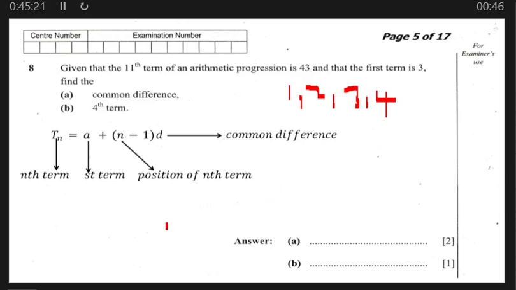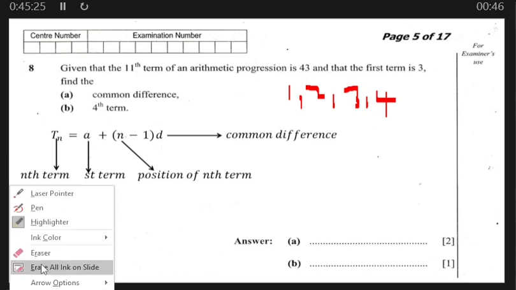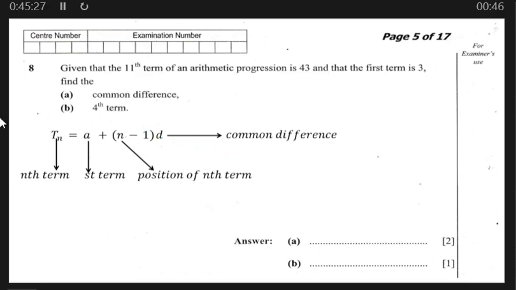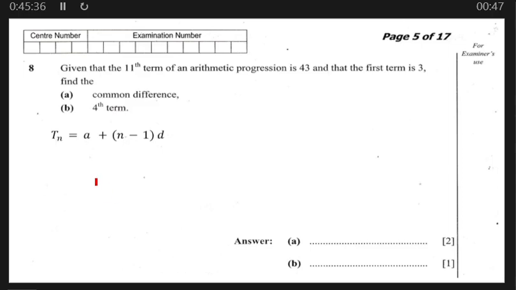All right, so now what we are going to do is use this formula to solve the common difference, which is D. They want us to find D. So now we are going to substitute, because they are saying given that the 11th term of an arithmetic progression is 43, so for position number 11 the value is 43.